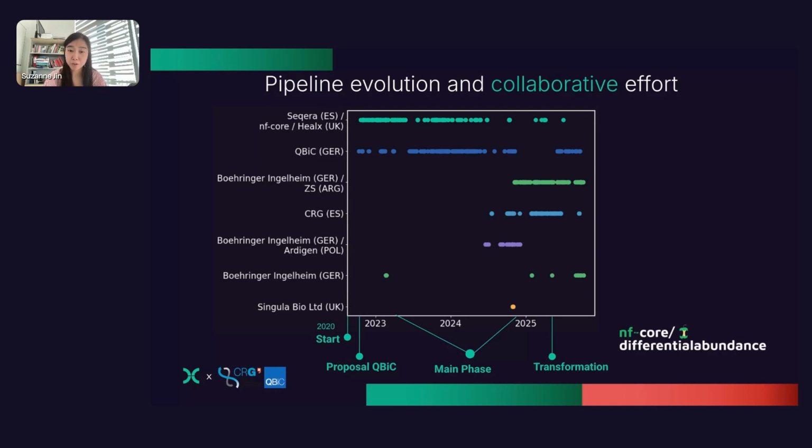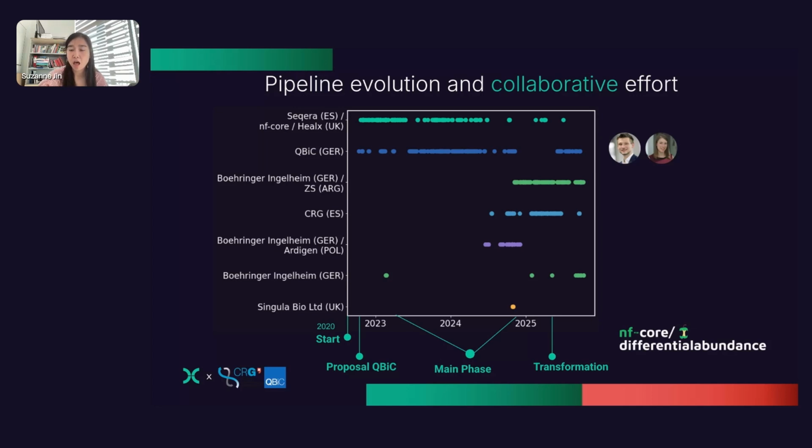So the pipeline was originally created by Cubic because of their high need for doing this kind of analysis and high throughput of this data set as a core facility. But along the way, there have been a lot of different developments by different people who have been shaping the development.